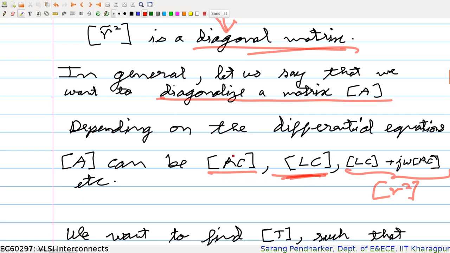So depending on the differential equation, I can have the final coupled matrix as RC, LC, or this.